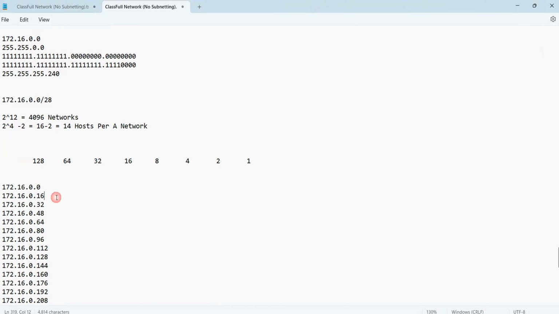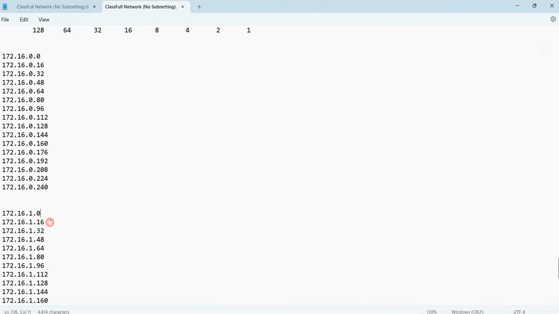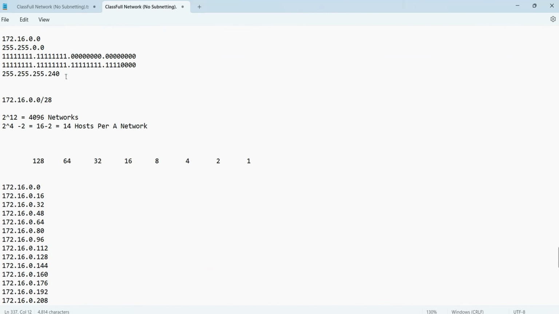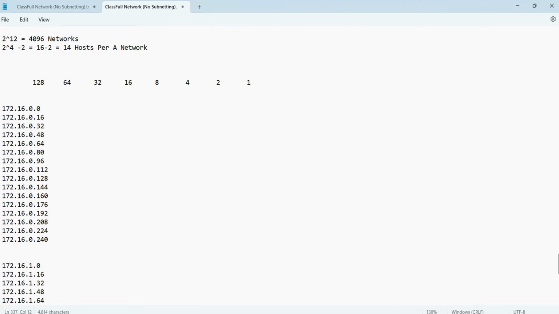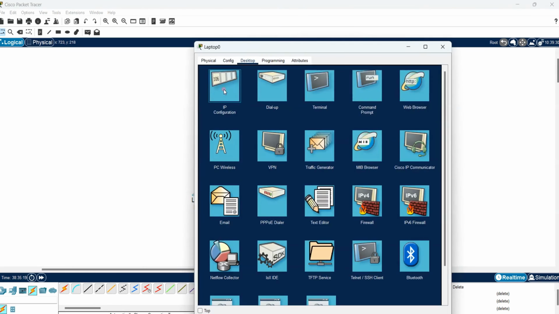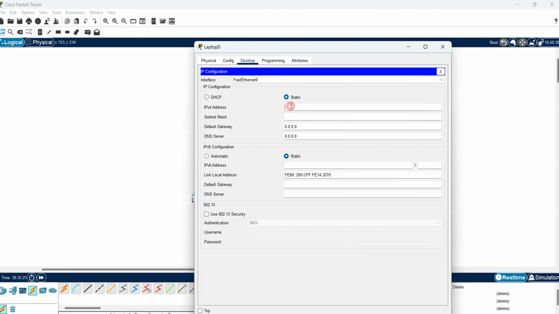So let's focus on one of them over here. This is a network ID. I cannot put it as an IP address. If I put 172.16.1.16 with a 255.255.255.240 mask, that's a network.